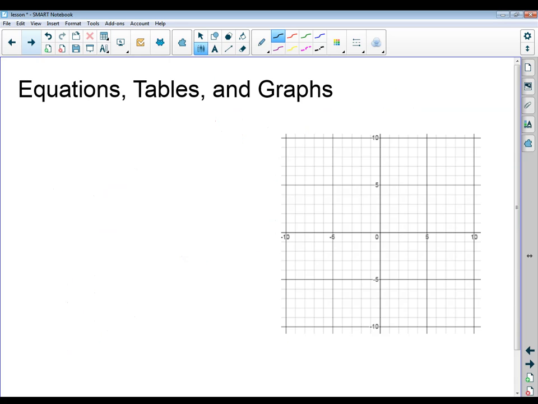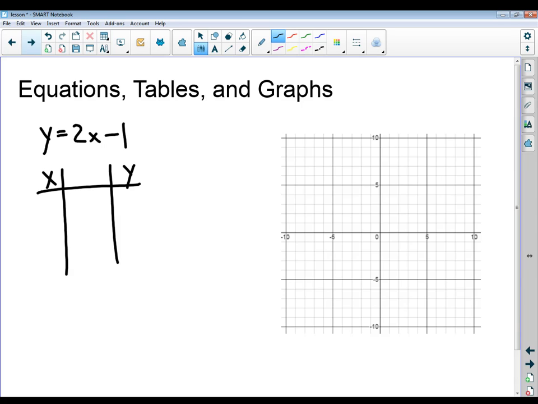Now, what I want to talk about here is how we connect equations, tables, and graphs and bring them all together. So let's say we have the equation y equals 2x minus 1. If I first want to make a table, I like to put 3 columns in my table.